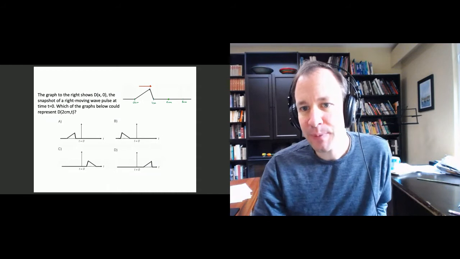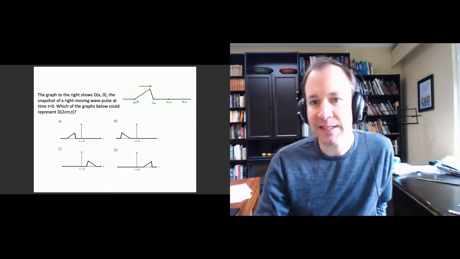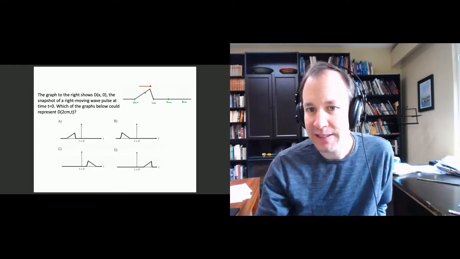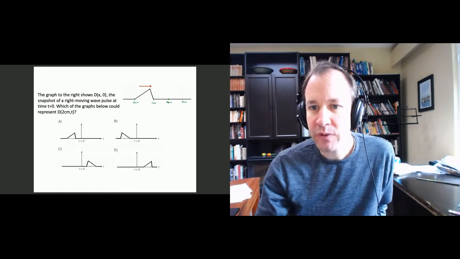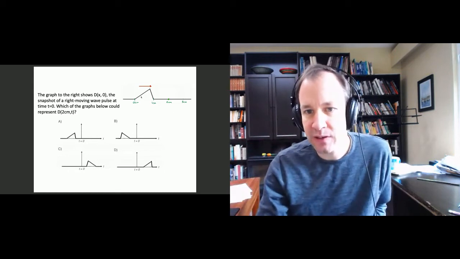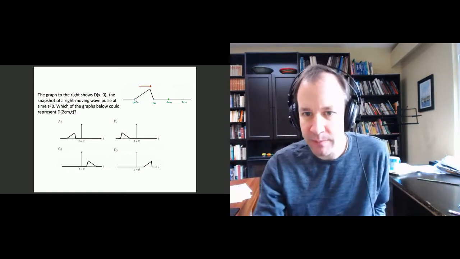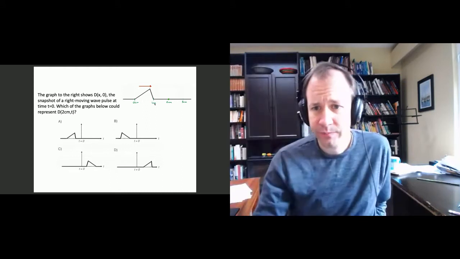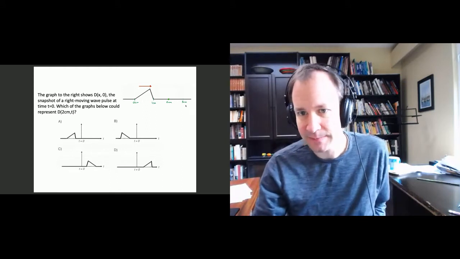The setup here is that I have a wave that has this particular triangular shape, where it's steeper here and less steep here. What this graph is showing is the snapshot at time equals 0. At time equals 0, the part of the string between 0 centimeters and 1 centimeter is stretched, and the rest of it is flat.